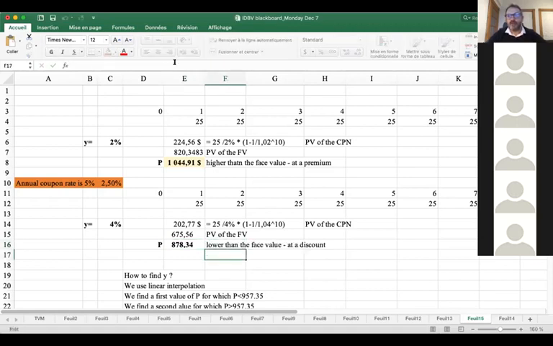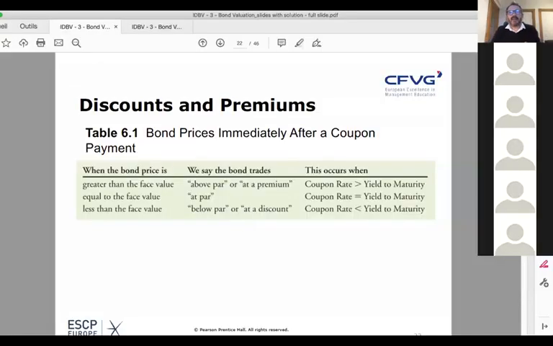Okay, so maybe forget the calculation below, that is more important than the calculation: the general relationship between the bond price and the coupon rate. So again, let me say it again. When the bond price is higher than the face value, it means that your bond is more interesting than the current situation on the market.